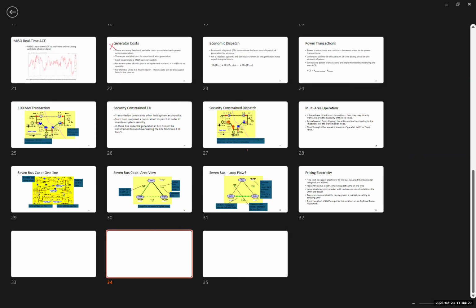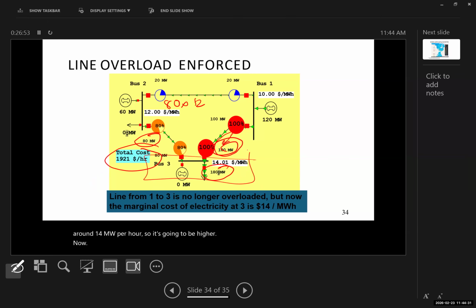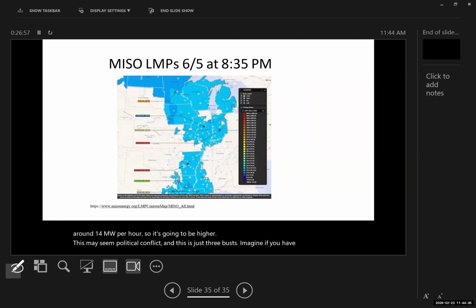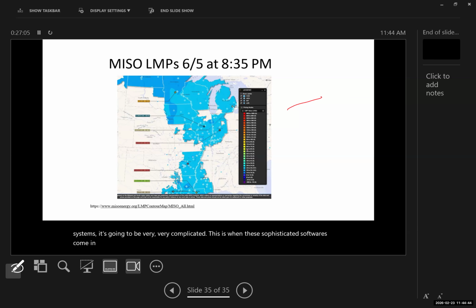Now, this may seem a little complicated, and this is just 3 buses. Imagine if you have a 2,000-bus system, it's going to be very, very complicated. This is when these sophisticated software packages come in, and they are able to manage the system, reroute, loop the power, and redirect the power flow in real time.